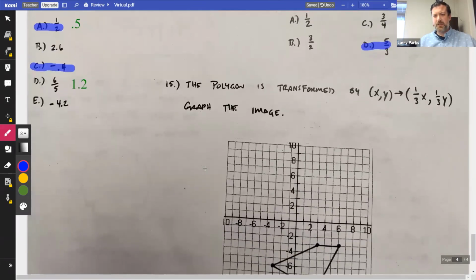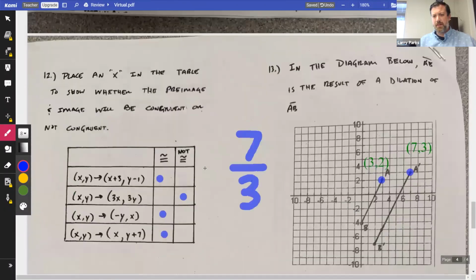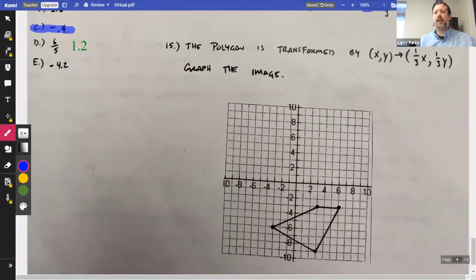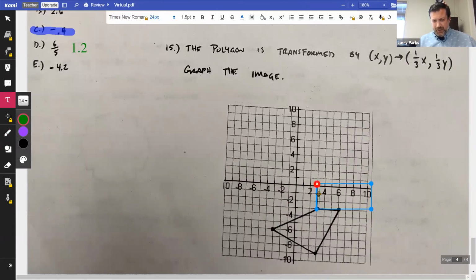And then finally, we're supposed to take this image and do a scale factor of 1/3. So what I would do is list out all the points. That's 3, -3. This point is 6, -3. This point is 3, -9.